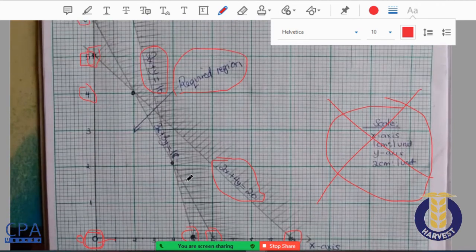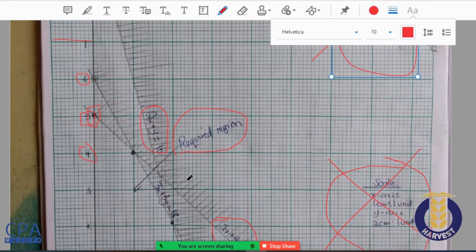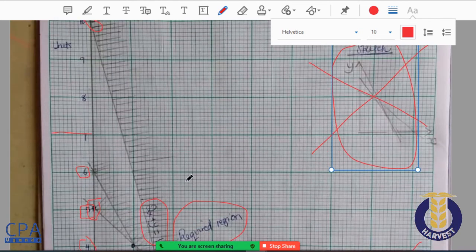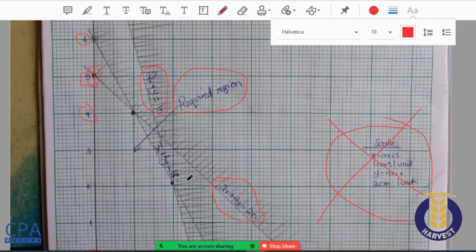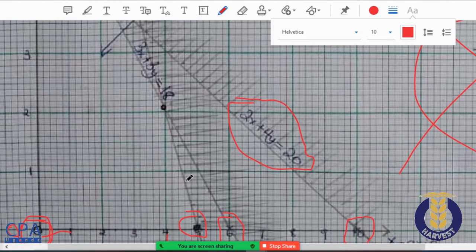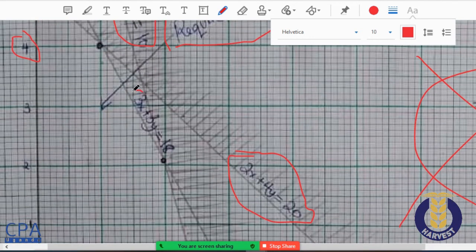That is 5, 0. So those are the 2 coordinates making up the line 2x plus y. Then finally, resource number 2, this one here, 3x plus 3y is equal to 18.